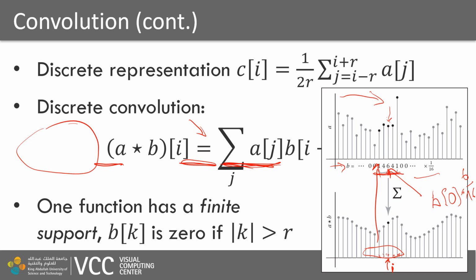And then we say that the function has a finite support, because it is defined only on a certain compact interval and is 0 outside. So this is a typical convolution operation in the discrete case, as we will be learning in the basic image processing lectures.